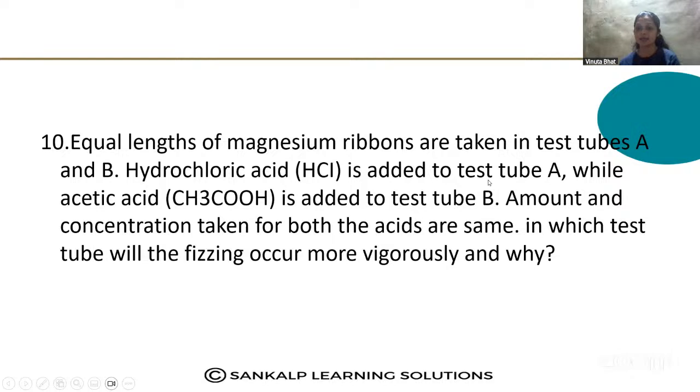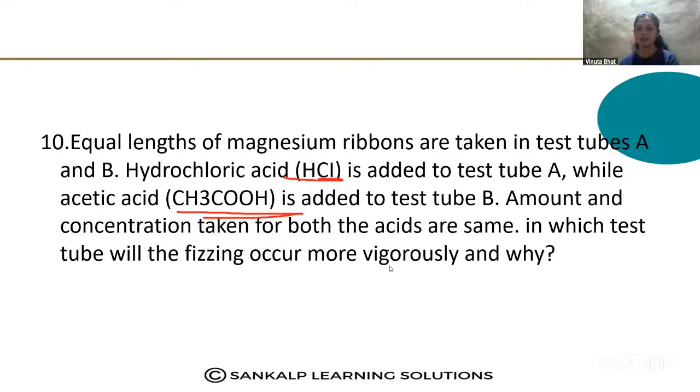Hydrochloric acid is added to test tube A, and in the other test tube, acetic acid, that is CH3COOH, is added to test tube B. The amount and concentration taken for the acids are the same. In which test tube will fizzing occur vigorously and why?